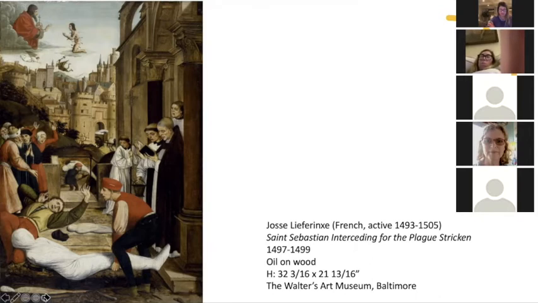This artist, Josse Lieferinxe, was originally from the Netherlands but spent most of his career in France. This is Saint Sebastian interceding for the plague. And Sebastian is one of the saints that was kind of brought up slightly from obscurity.